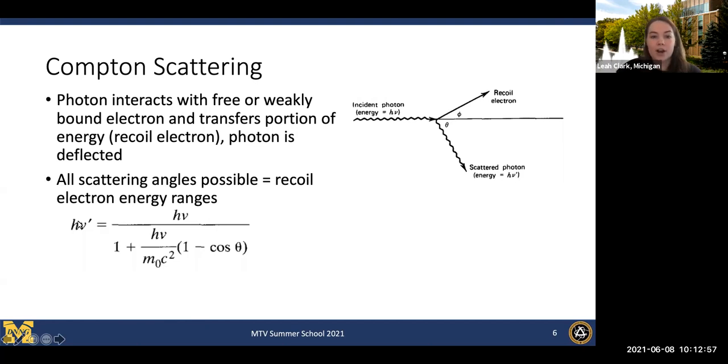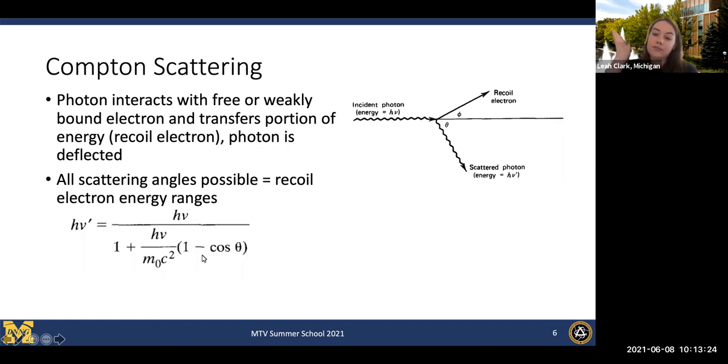The energy of our scattered photon is equal to the energy of our incident photon over 1 plus the incident photon energy over mc squared, which is the rest mass energy of the electron, so 511 keV. And that is all multiplied by 1 minus cosine theta, where theta is the angle between the scattered photon and the incident photon.